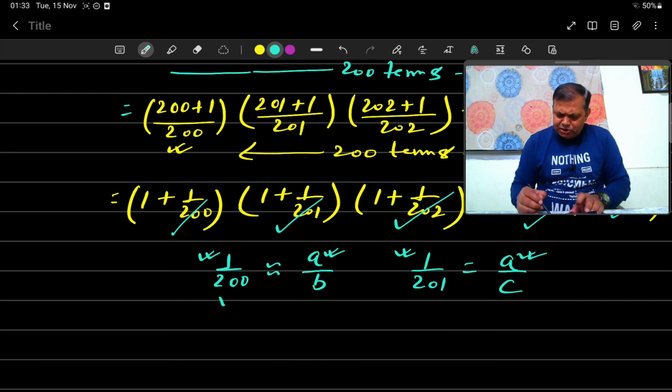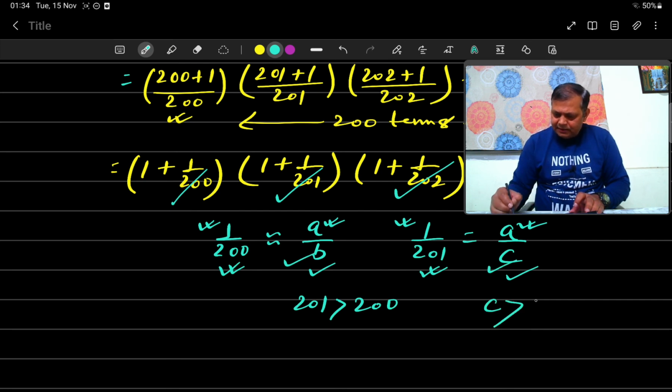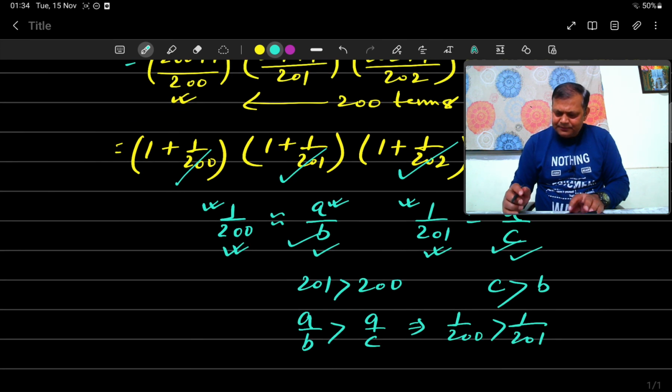But in the denominator you have 200 and 201, so change the variables to B and C. Now 201 is greater than 200, so C is greater than B, right? And so A by B is greater than A by C. What does this mean? This means 1 by 200 is greater than 1 by 201, right?